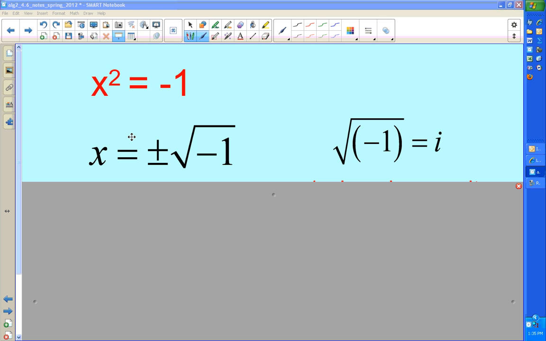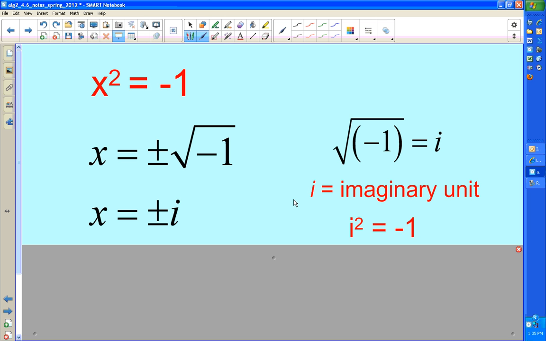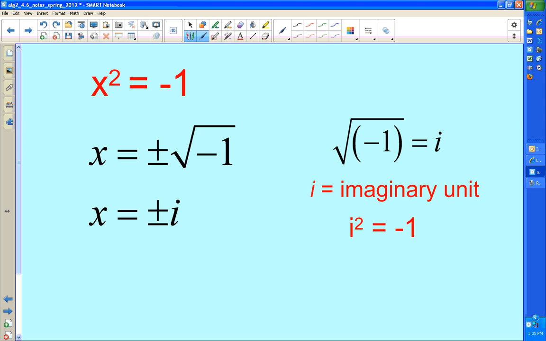So if that's true, x equals plus or minus the square root of negative 1 would simplify to what? No, close. Plus or minus i. So x equals plus or minus i, where i is the imaginary unit. The square root of negative 1 is the imaginary unit i.